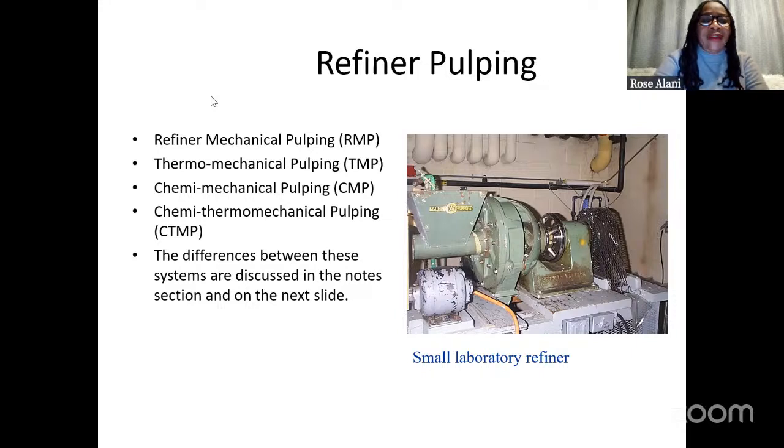Then we have chemi-thermomechanical pulping, CTMP, which means you add a little bit of chemical and you also add heat. So the differences between these systems are discussed. I have the note section that you will see, but I will discuss them with you as we go on.